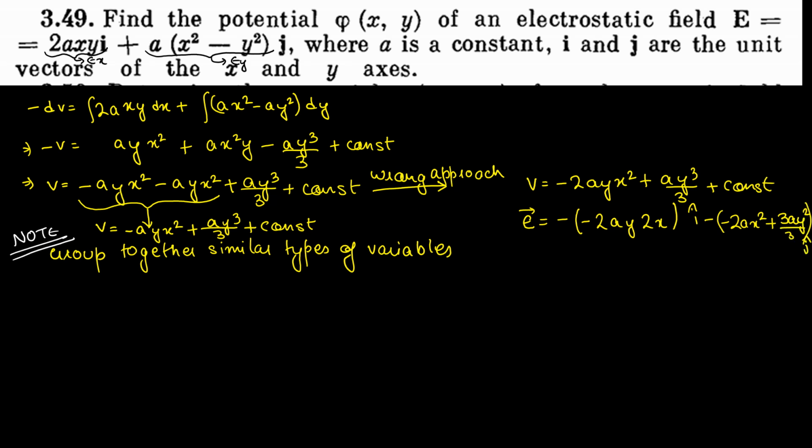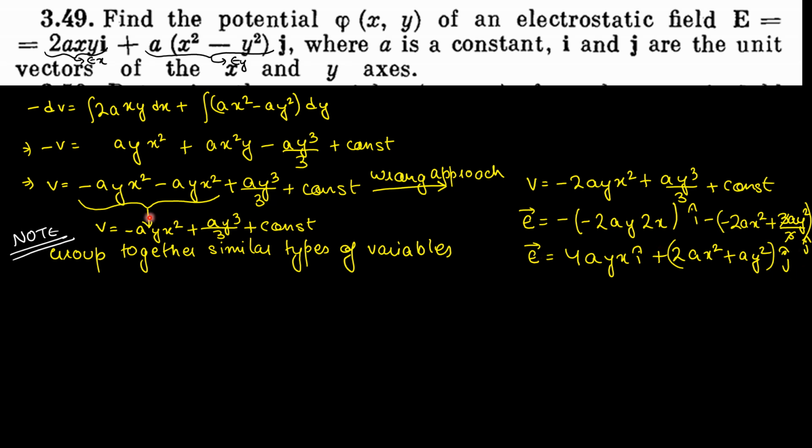Now the electric field will come out to be 4ayx i plus 2ax square plus, this 3 and this 3 would get cancelled and it will become plus ay square j cap. Now is this electric field and this electric field the same thing? No. Here it is 2axy and here 4ayx is coming out. Understood? So this approach would be wrong.